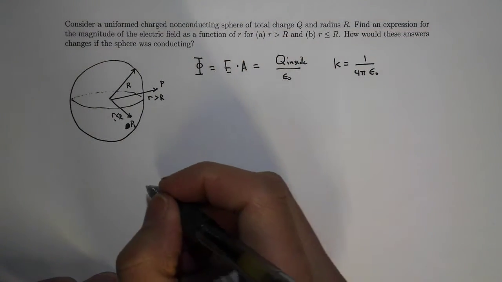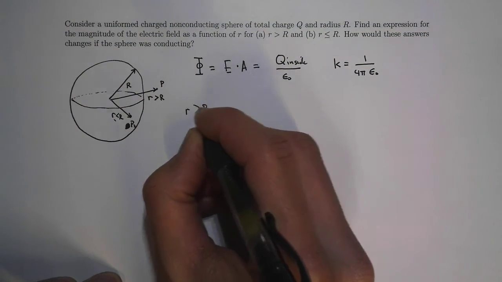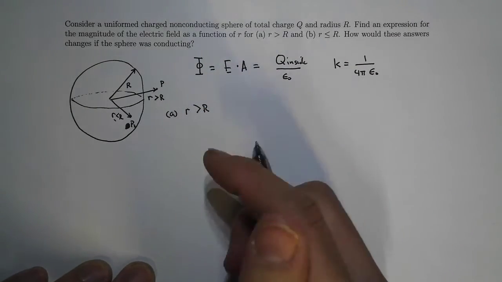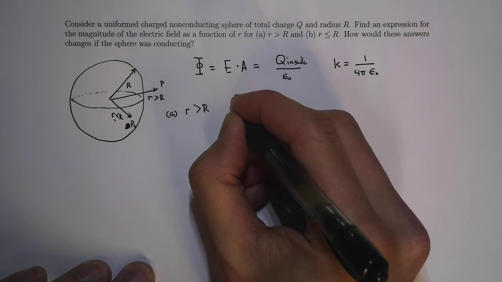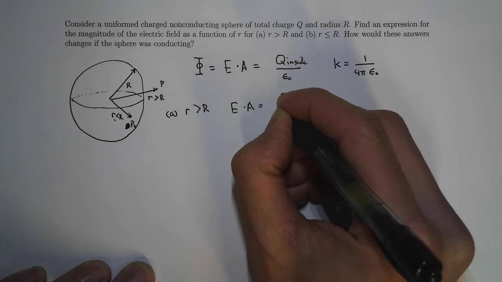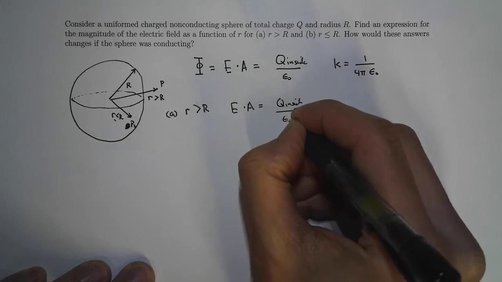Now let's consider the first case, r greater than R. So case A. To look at this problem, let's write down that the electric field dotted with A is equal to the charge inside over epsilon naught.